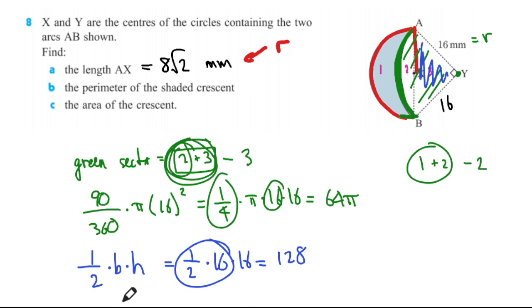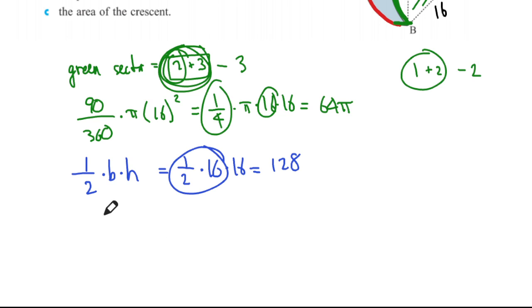Okay, so the size of region 2 is, which one's bigger? 64 pi minus 128. And then this is millimeters squared.